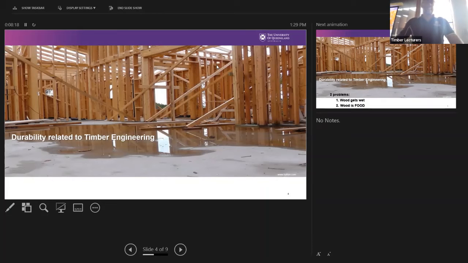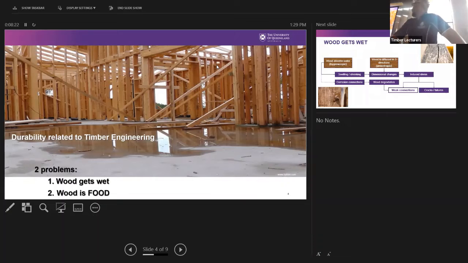Anyway, basically the problem with timber is that there are two main problems, and this is where my research stands. Wood gets wet, as you can see in this picture, and wood is food, right? Not for us, but for many organisms.